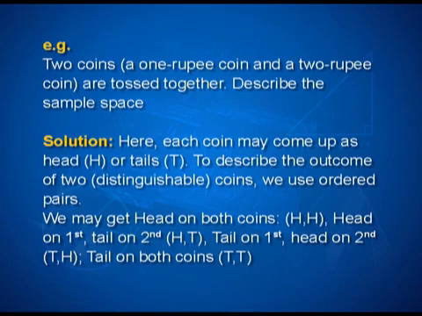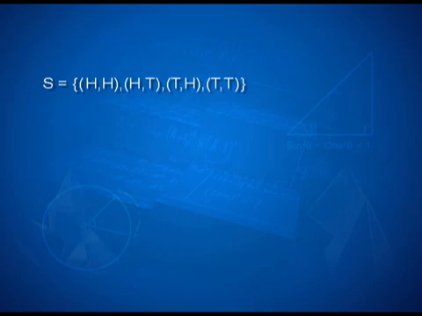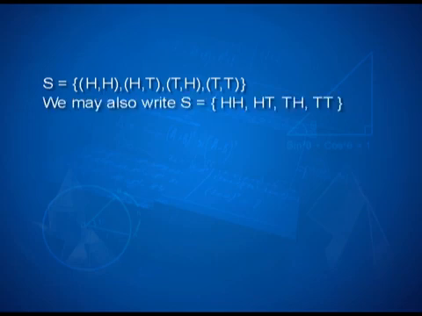We may get head on both coins as (H, H), head on first and tail on second as (H, T), tail on first and head on second as (T, H), tail on both coins, that is (T, T). Thus, the sample space here is S = {(H, H), (H, T), (T, H), (T, T)}. We may also write S = {HH, HT, TH, TT} for convenience.